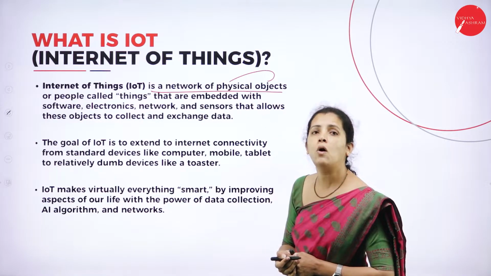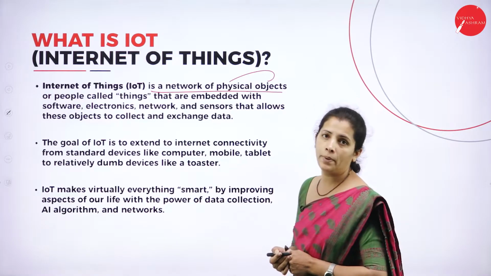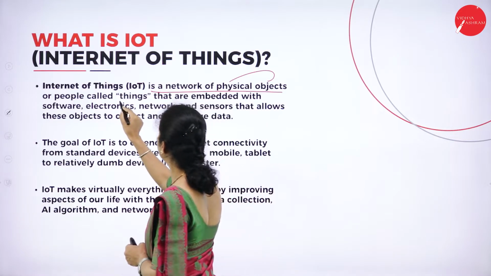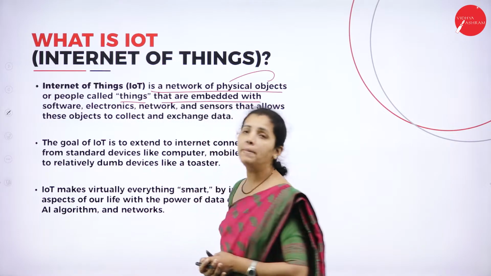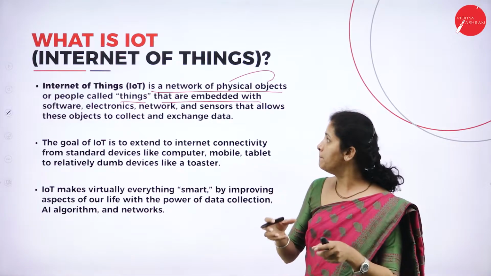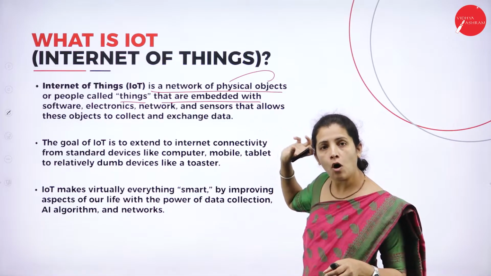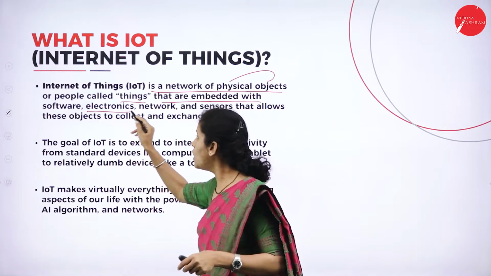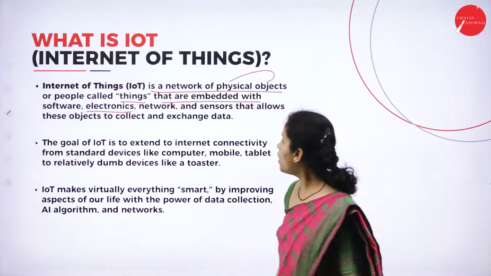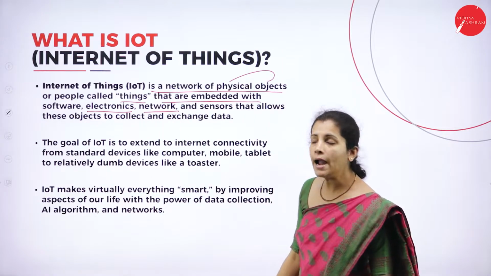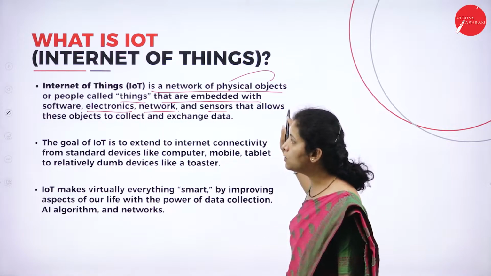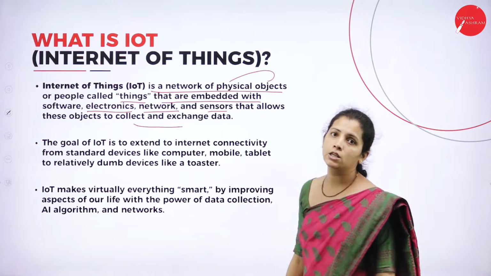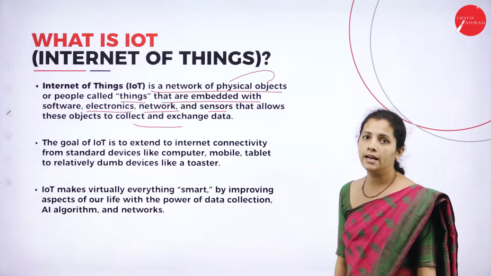That is nothing but all the devices or people, called things, that are embedded with software, electronics, network and sensors that allow these objects to collect data as well as exchange data.